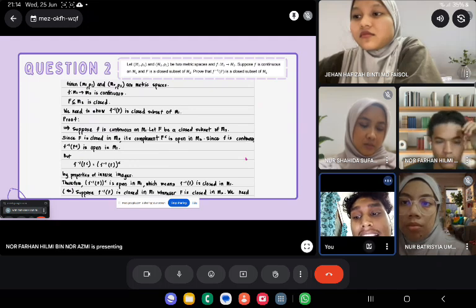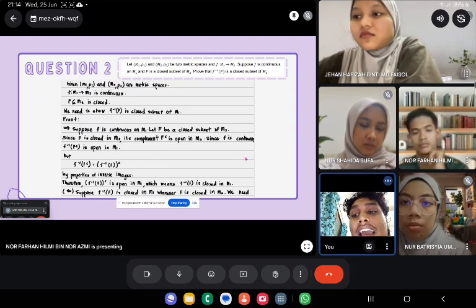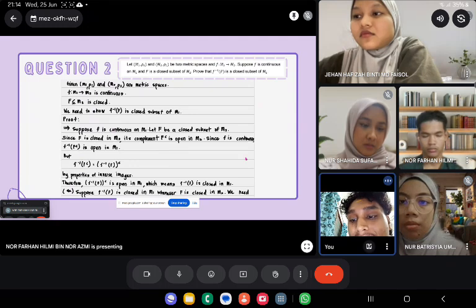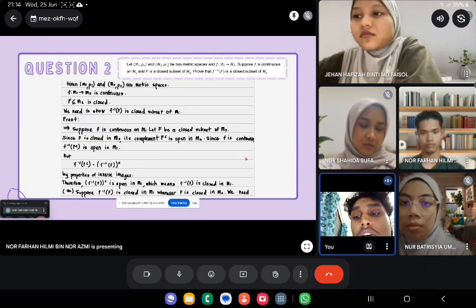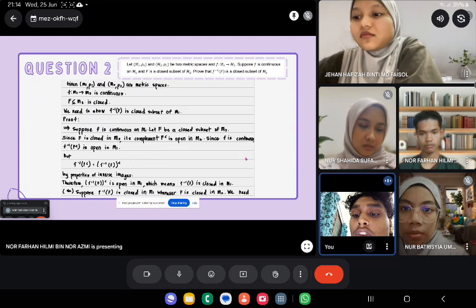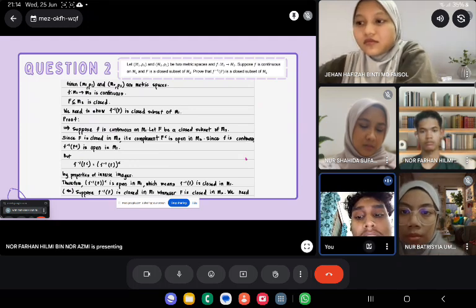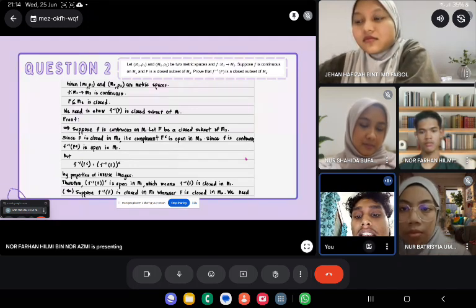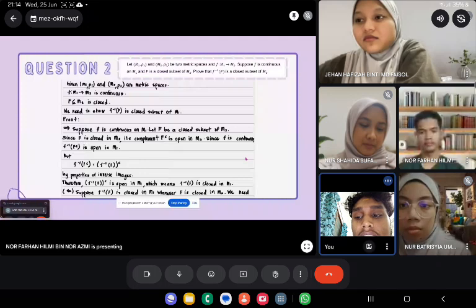But the inverse of the complement of F is equal to the complement of f inverse of F, by using the properties of inverse images. Therefore, the complement of f inverse of F is open in M1, which means f inverse of F is closed in M1.